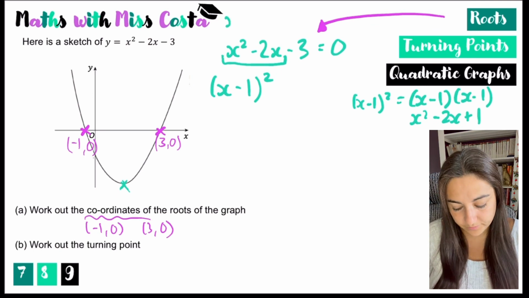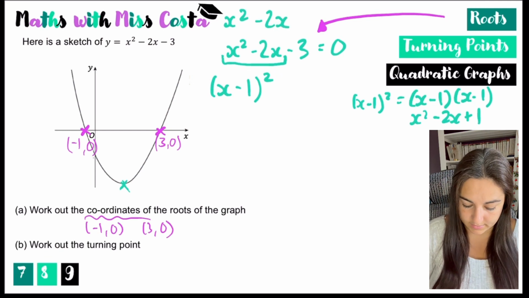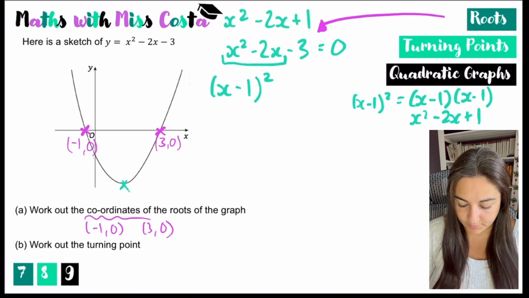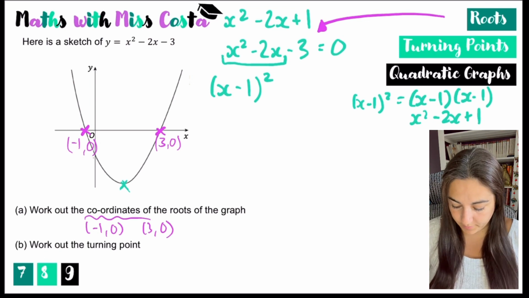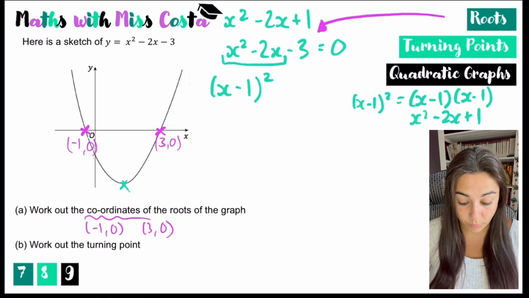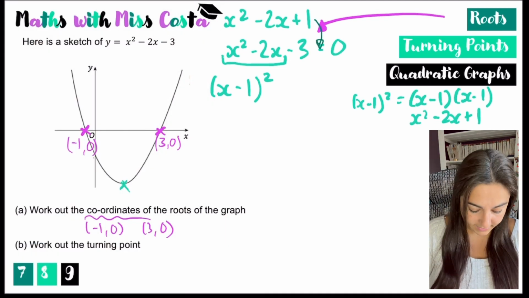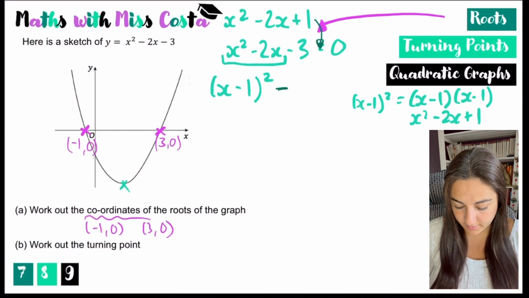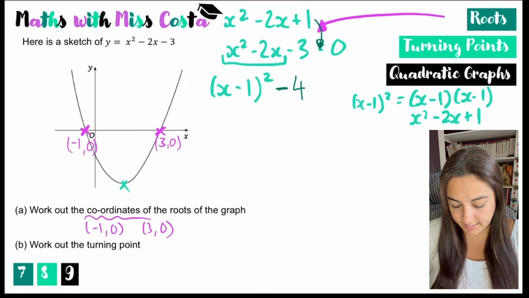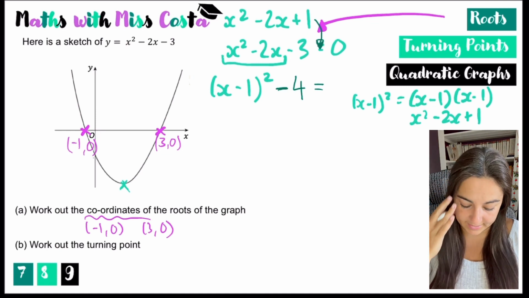However, I want to have x squared take 2x take 3. So how do I get from x squared take 2x plus 1 to x squared take 2x take 3? Well, the difference between 1 and -3 is -4. So that's how you'd write this in its completed the square form.